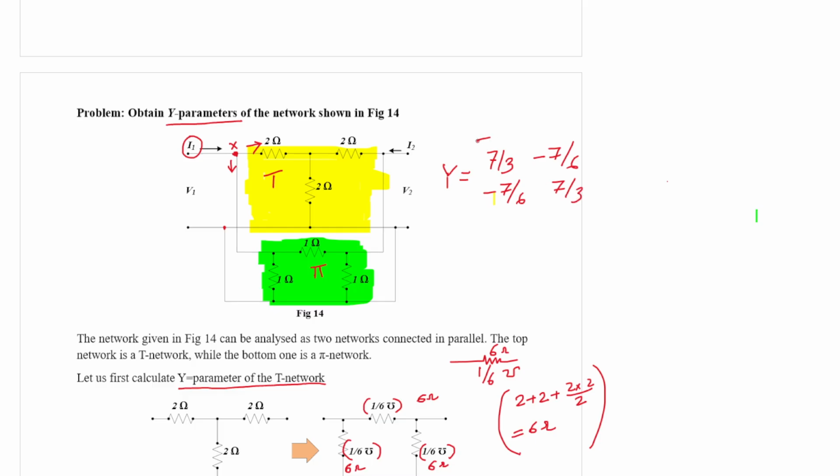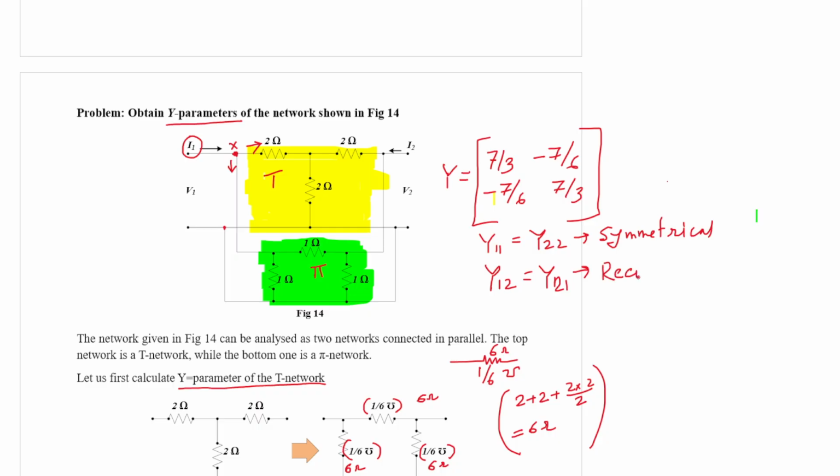This network as it stands, you see y11 is equal to y22. So in this respect it is called a symmetrical network. Also you can see y12 equals y21. Due to that, this network can also be considered a reciprocal network.